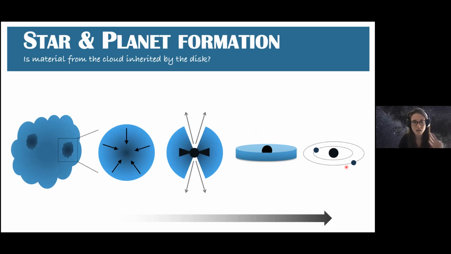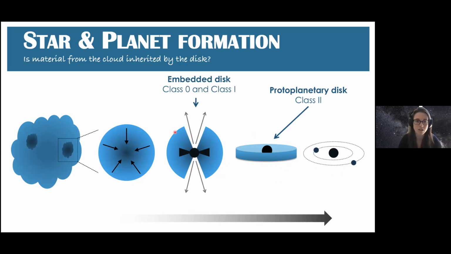And initially, we thought that these planets started to form in these mature, fully grown disks, and therefore we've called them protoplanetary disks. I'll come back to this later because now it seems that it already starts much earlier, when these disks are still embedded in their envelope.